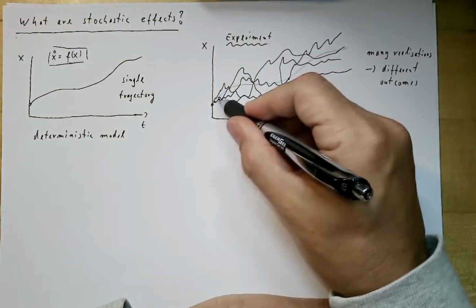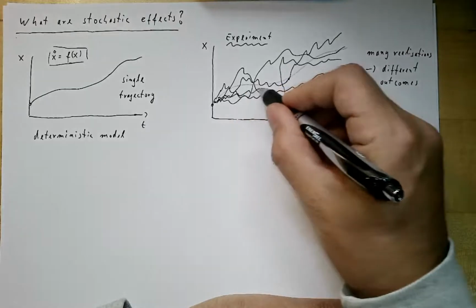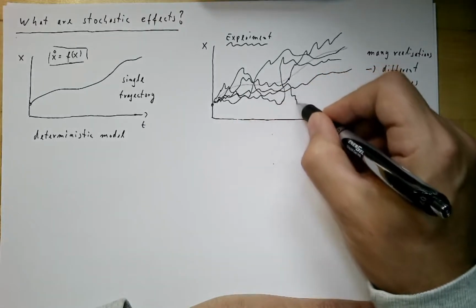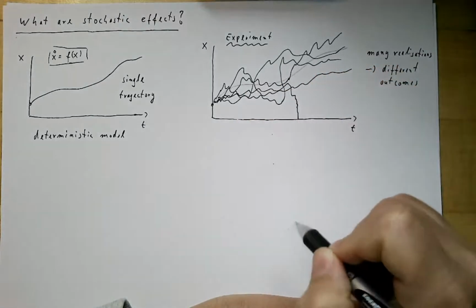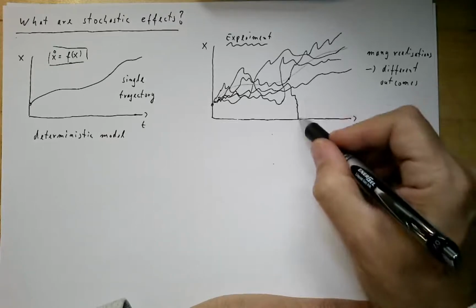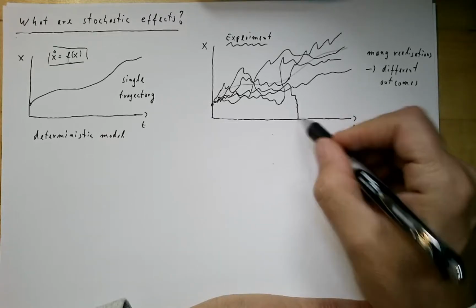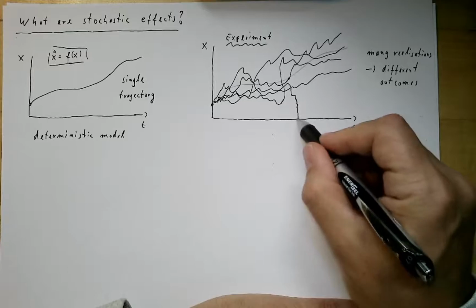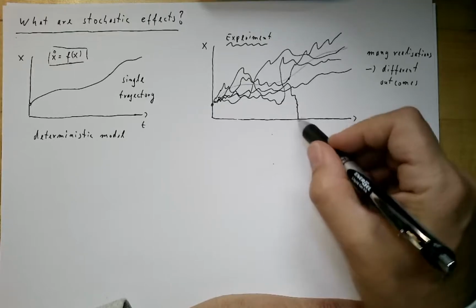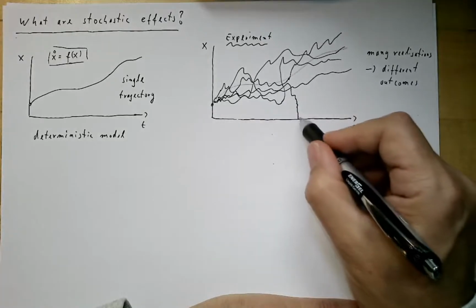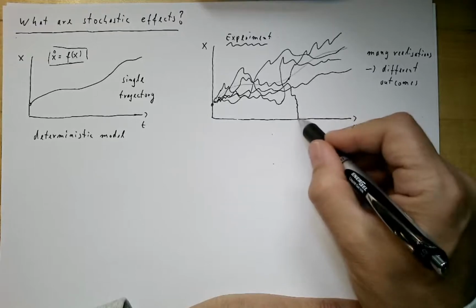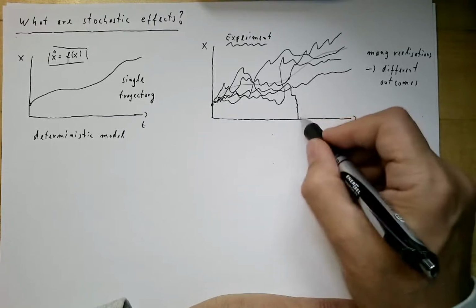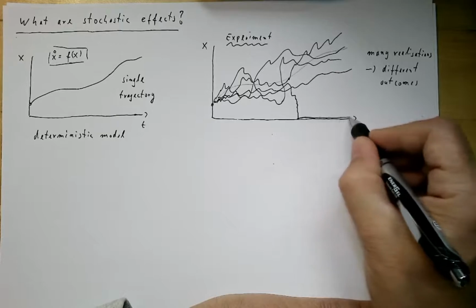Let's do another repetition of the experiment. We go until here, we have a large deviation, and suddenly, by chance, our state variable hits the 0. And if it's a population number, this is an absorbing state. Once the population is gone, it can never recover. And then we have a solution which stays 0.